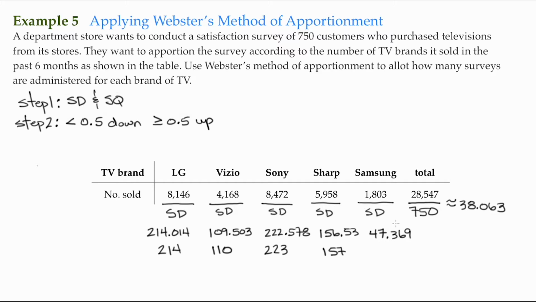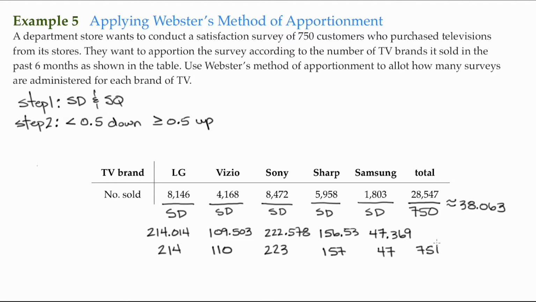And this gets rounded down to 47. We go ahead and add up 214, 110, 223, 157, and 47. And this adds up to 751 surveys. So we're 1 over.